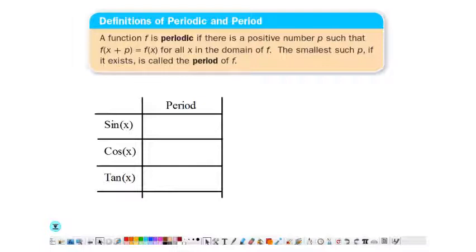So a function is periodic if there is a positive number p such that f of x plus p equals f of x, for all x in the domain of f. What that means is the period is how long it takes for a function to repeat.